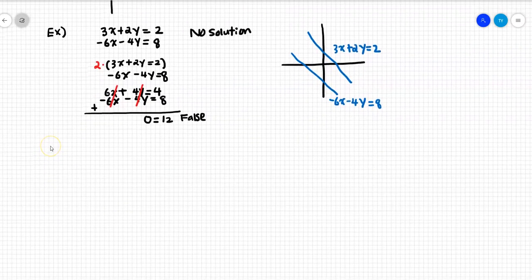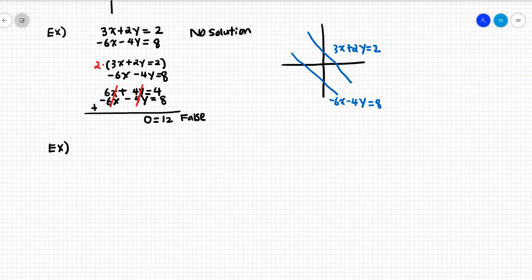Now let's look at the third case, with many solutions. This one I have 3x plus y equals 1 and minus 6x minus 2y equals negative 2. Again, I am going to multiply the top by 2, and then I'm going to add.